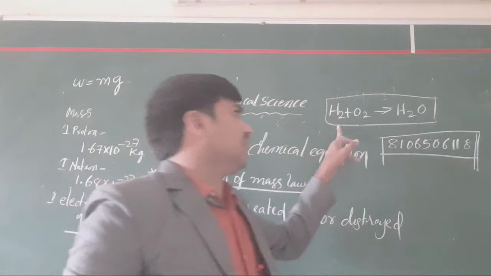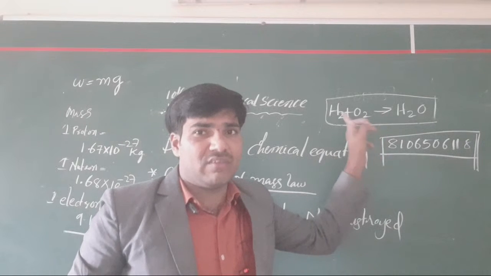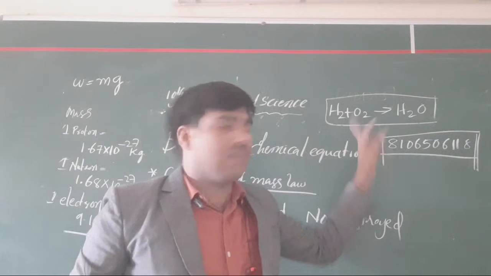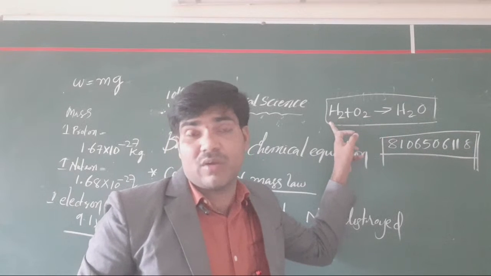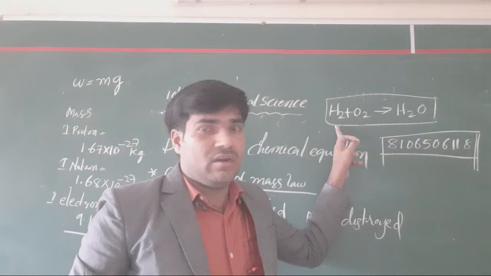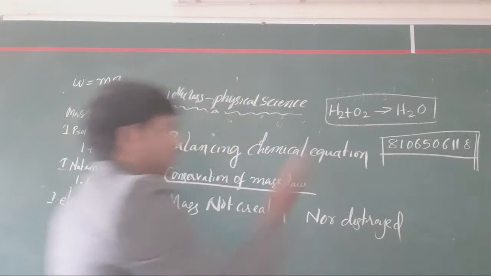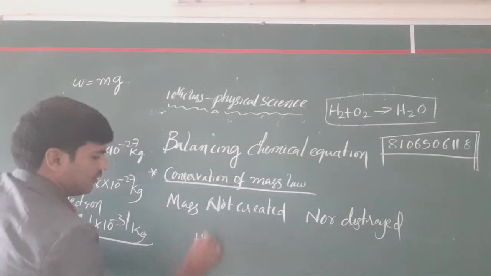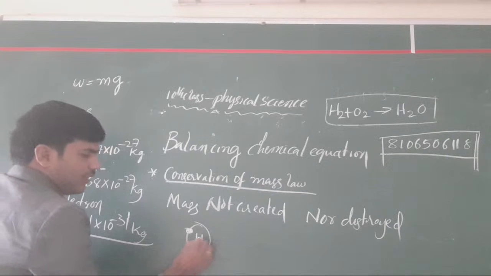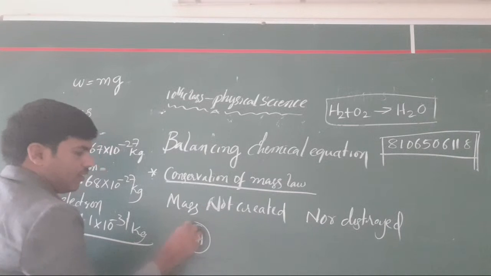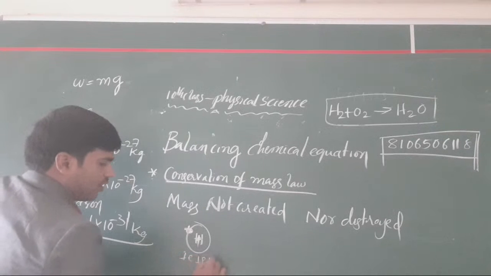When you consider here hydrogen and oxygen. Clear or not all of you? Oxygen contains 8 electrons, 8 protons. Hydrogen contains 1 electron and 1 proton and 1 neutron. Like this, 1 electron, 1 proton, 1 neutron.